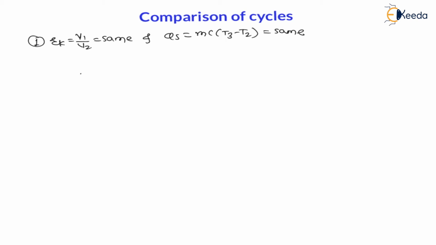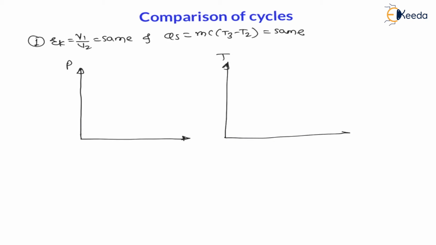Now let us first draw the Otto cycle. Here I am drawing the Otto cycle on the pressure versus volume diagram, as well as the temperature versus entropy diagram. On both diagrams we will see the Otto cycle, and then we will compare with the diesel cycle. For the Otto cycle, process 1 to 2 is reversible adiabatic compression, 2 to 3 is constant volume heat supply, 3 to 4 is reversible adiabatic expansion, and 4 to 1 is constant volume heat rejection, right?